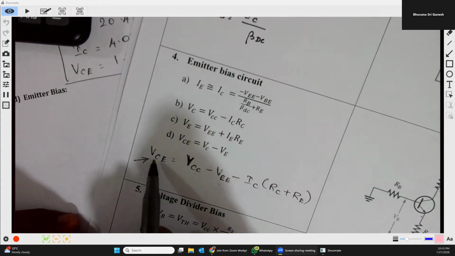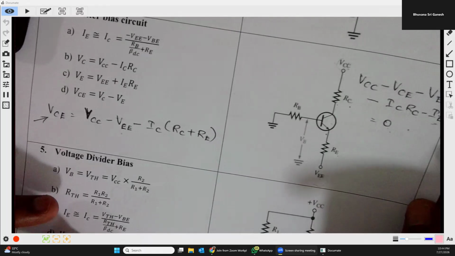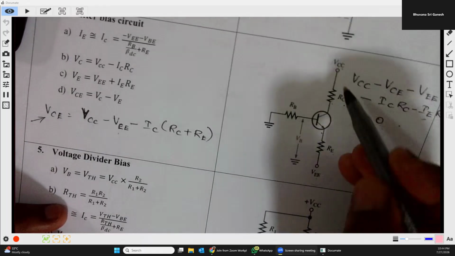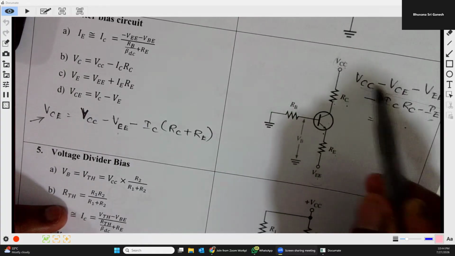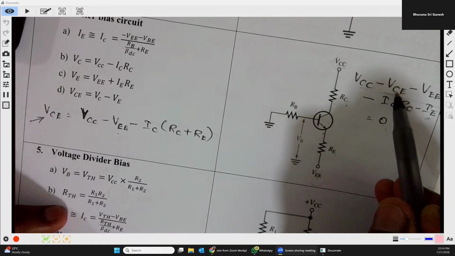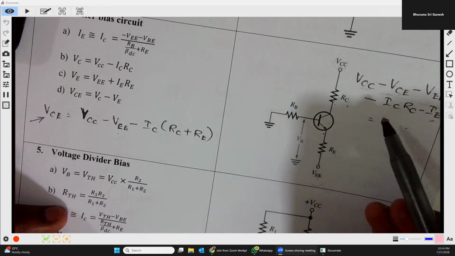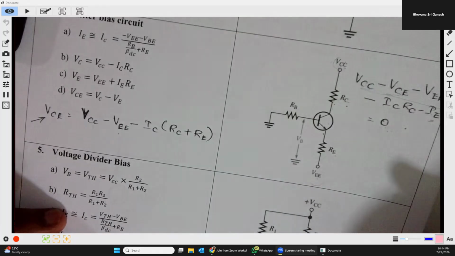Now I wrote the Kirchhoff's voltage equation for this loop. That is VCC minus VCE minus VEE minus IC times RC minus IE times RE is 0, right?